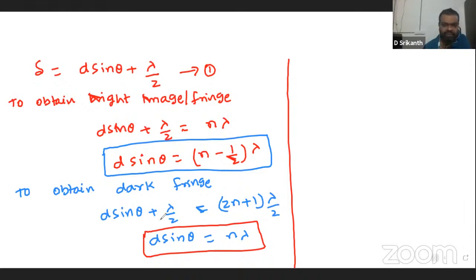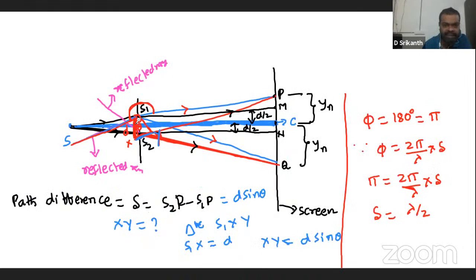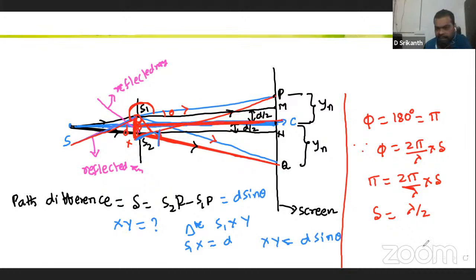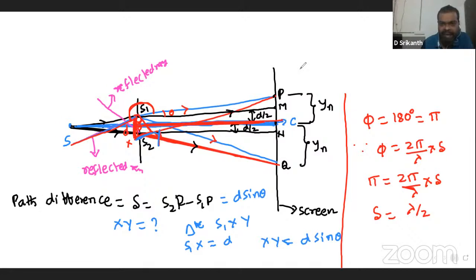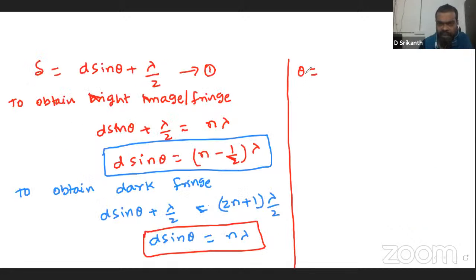So that means here we can say that this is the theta, and from this triangle here it is theta. With respect to the center, tan theta I can write as yn by capital D, opposite side by adjacent side.